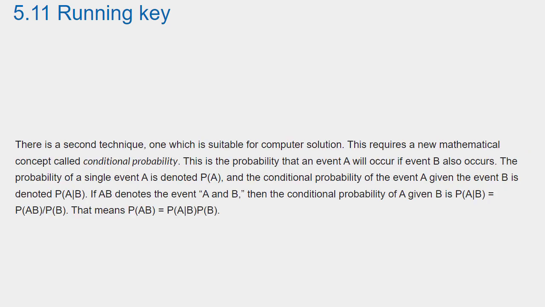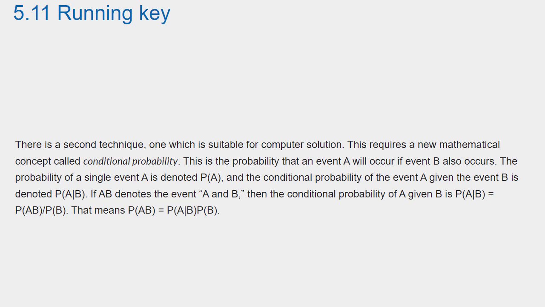There is a second technique, one which is suitable for computer solution. This requires a new mathematical concept called conditional probability. This is the probability that an event A will occur if event B also occurs. The probability of a single event A is denoted P[A], and the conditional probability of the event A given the event B is denoted P[A|B].